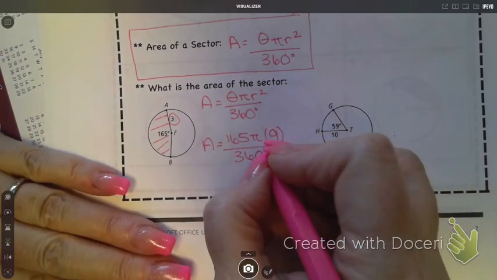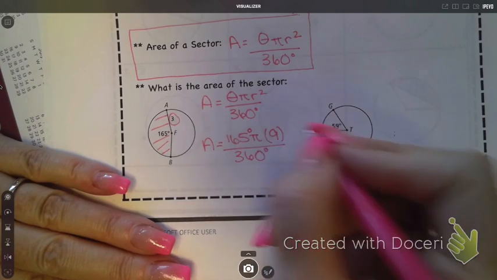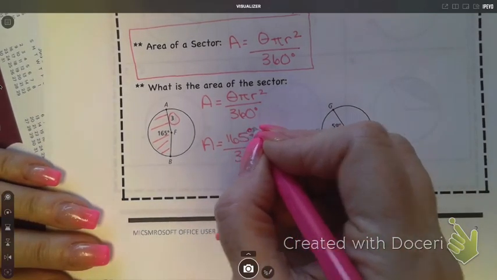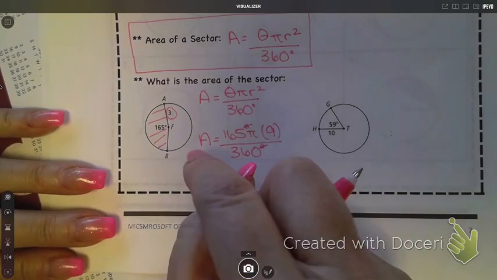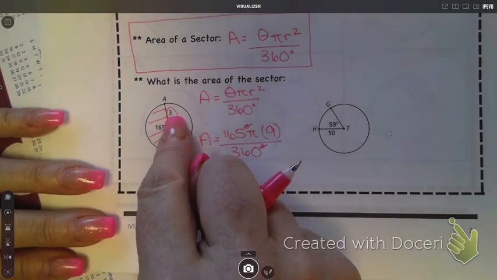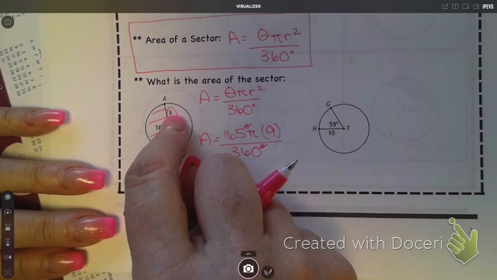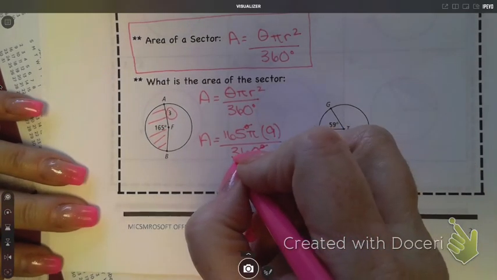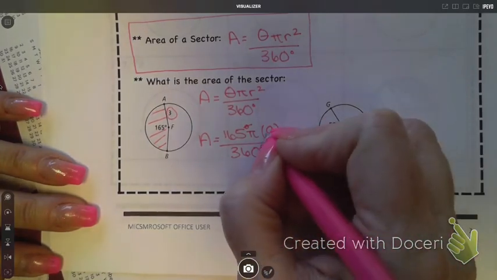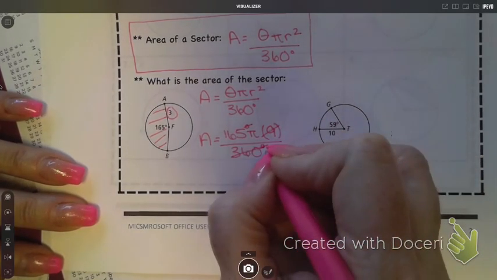Now there is a degree here and a degree here, so those degrees reduce out, and this is no longer an angle, it is a measurement. So if there's something behind your 3, you need to use it. I know 9 goes into 36, yes? So I get 40.